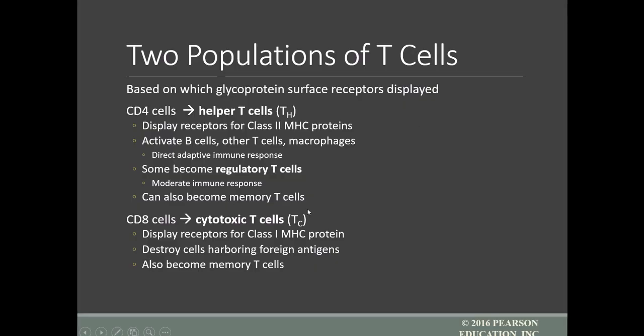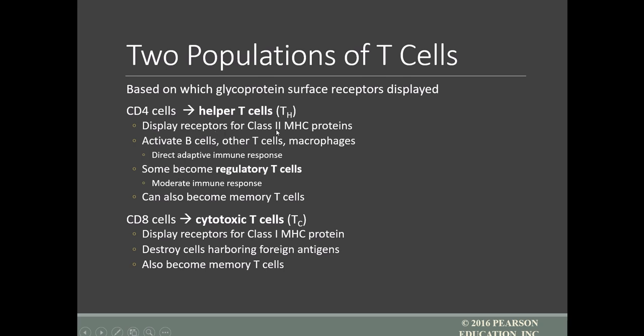So we do find that we have two populations of T cells. Whether they're a CD4 cell or a CD8 cell depends on which surface receptor they display and whether that surface receptor responds to class 2 or class 1 major histocompatibility complex protein. So the CD4 cells are the ones that become helper and regulatory T cells.